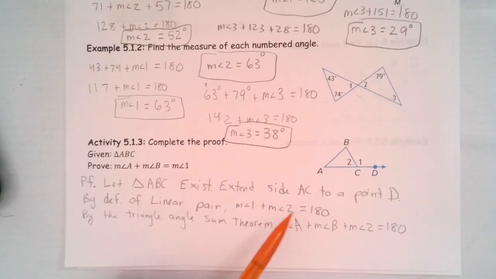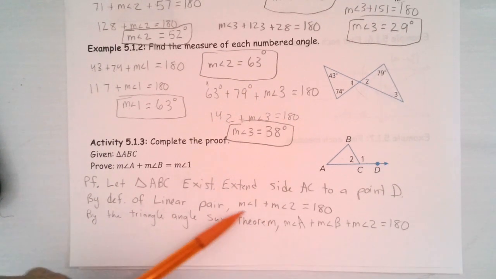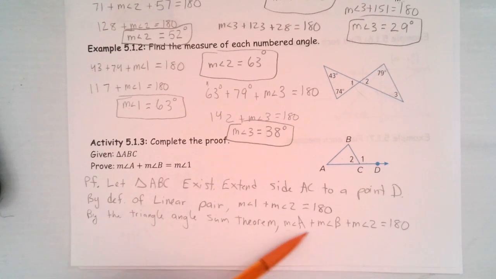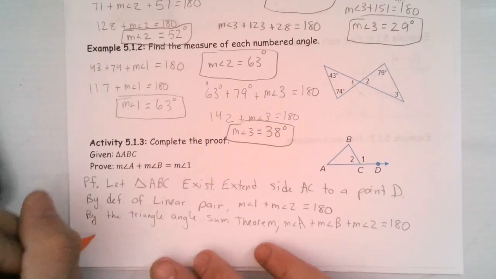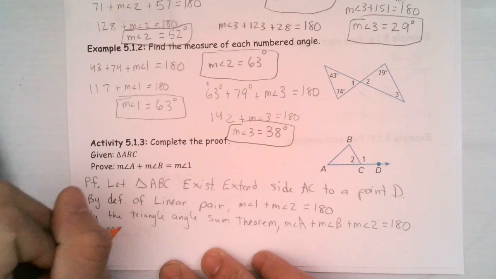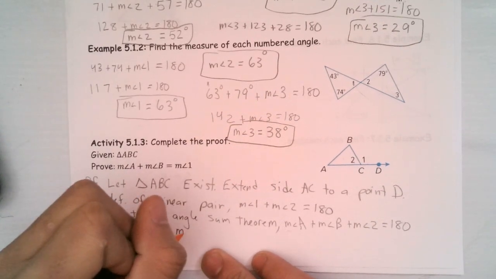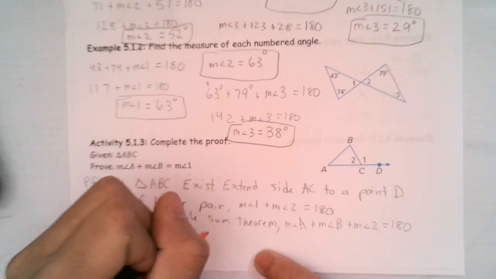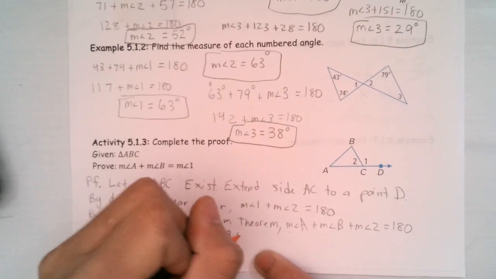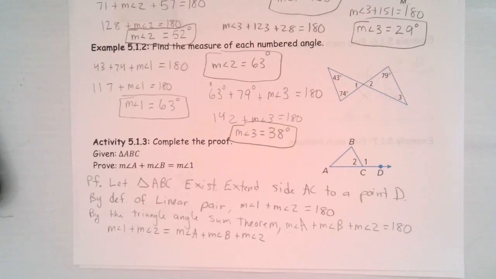What do we know about 180 and 180? Are those different or are those the same? If they're the same, then what does that mean about these two expressions? They also have to be the same. And so using substitution, we can say that the measure of angle 1 plus the measure of angle 2 is equal to the measure of angle A plus the measure of angle B plus the measure of angle 2. Now, do you see anything that's the same on both sides?